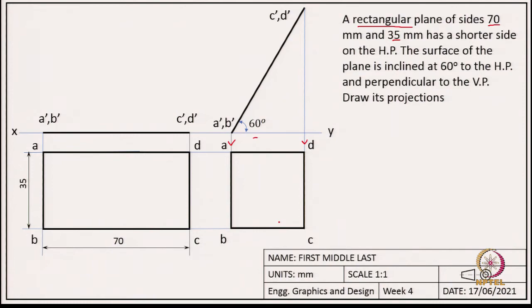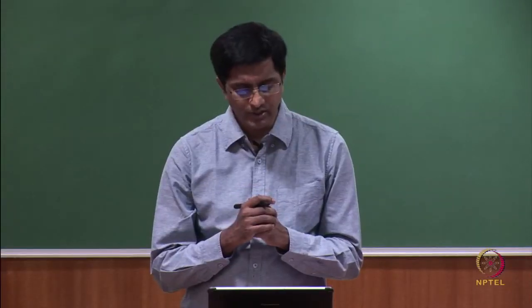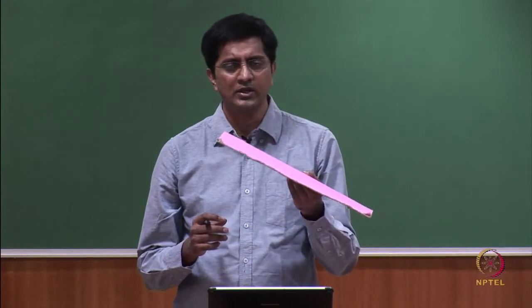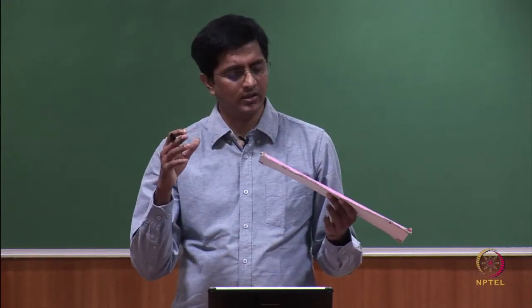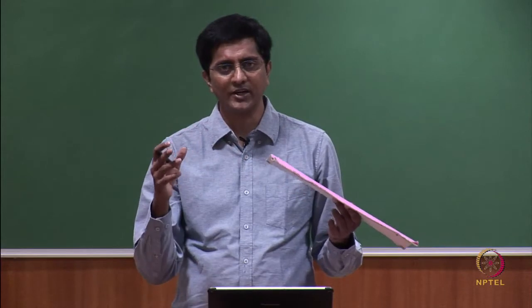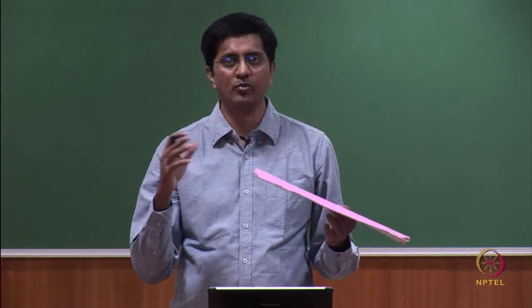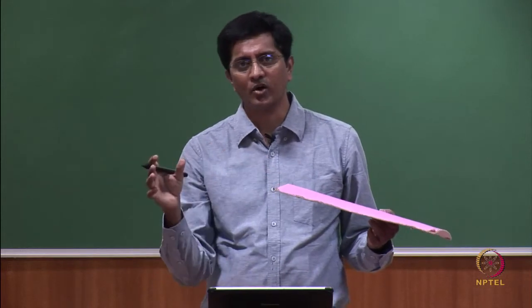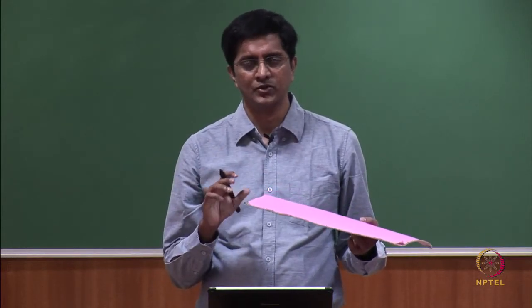So, you might be wondering why we are following this very tedious procedure, because this is a simple thing, but later when we go to more sided polygons or when we go to more complex objects, you can use the same technique no matter how complex your object is. So, that is the whole point.